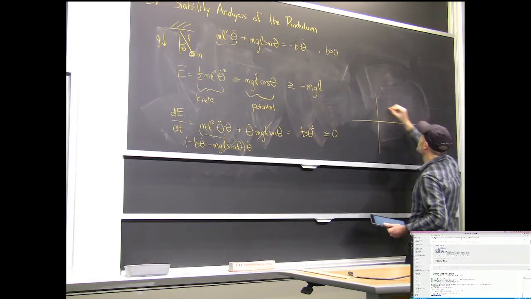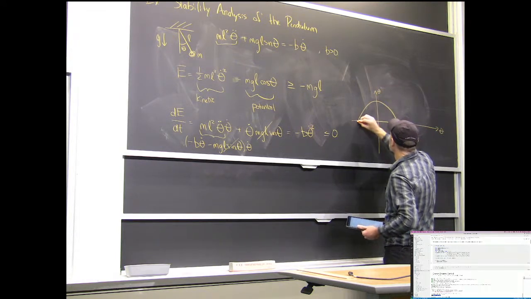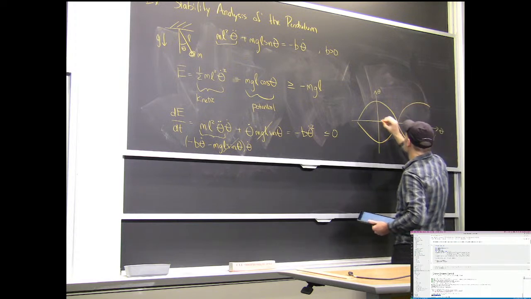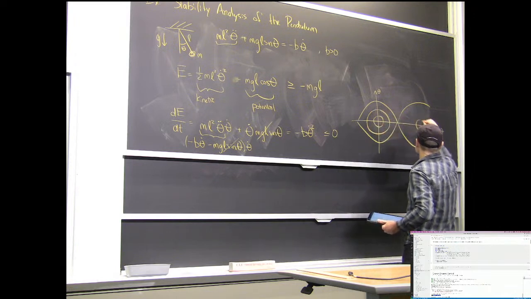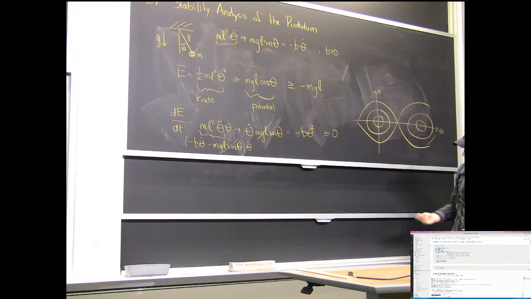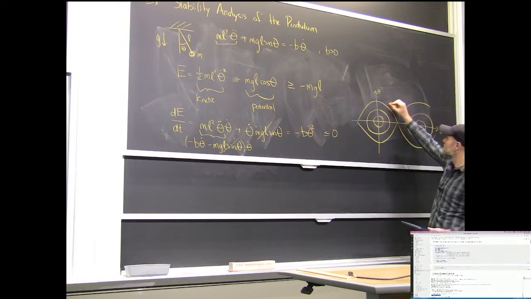Remember the phase portrait of the pendulum. It has this going on. Okay, so let's use these facts to try to make some arguments, right? So first of all, what are these contours?